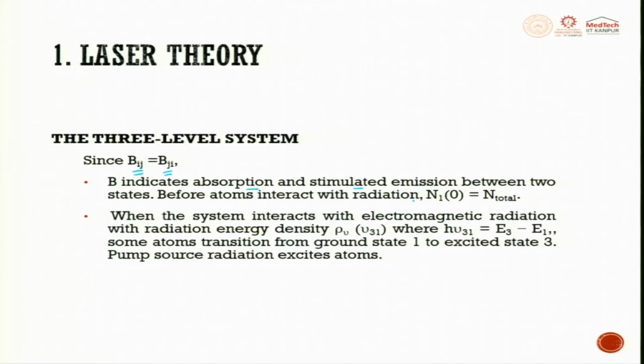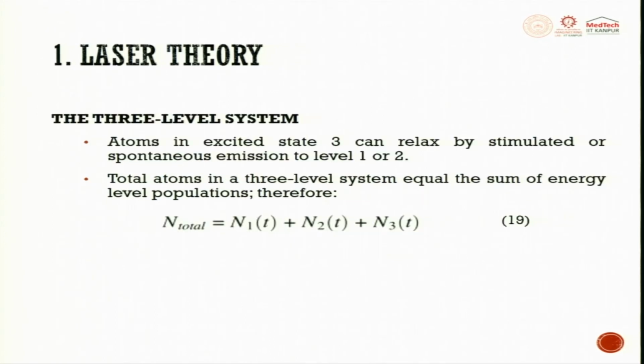Before atoms interact with radiation, N1 is equal to N total. When the system interacts with electromagnetic radiation with radiation energy density rho v, where hv is nothing but E3 minus E1, some atoms transition from the ground state to the excited state. The pumping source radiation excites the ground state atoms.